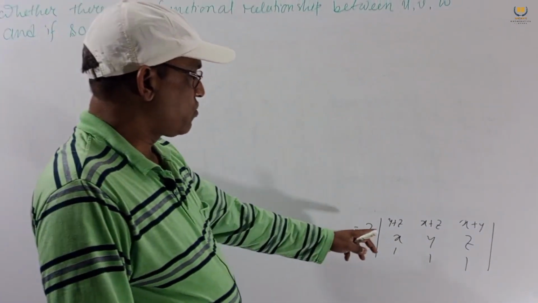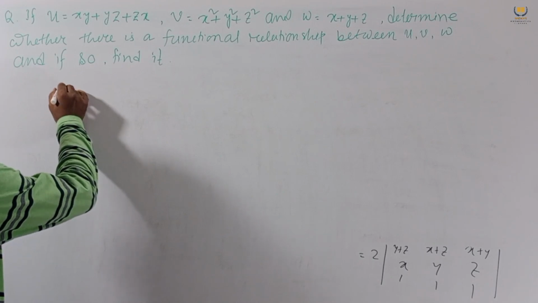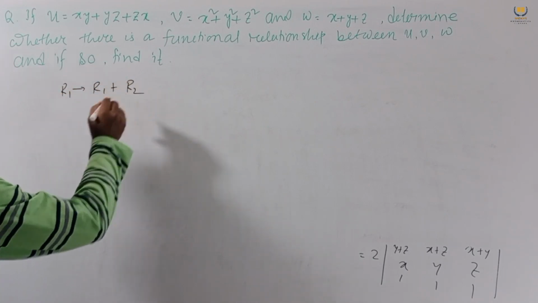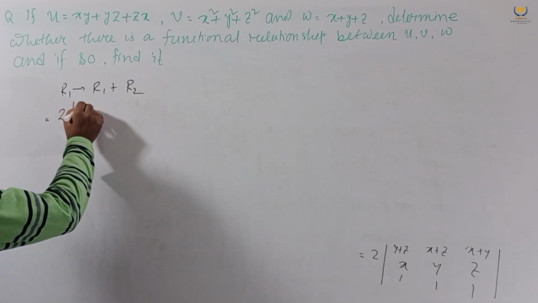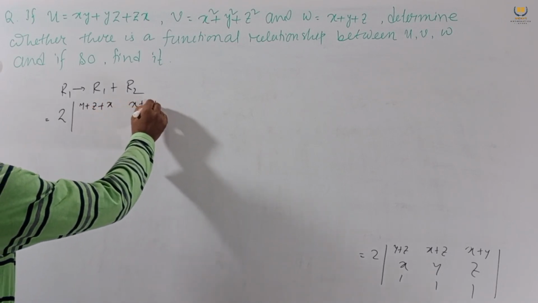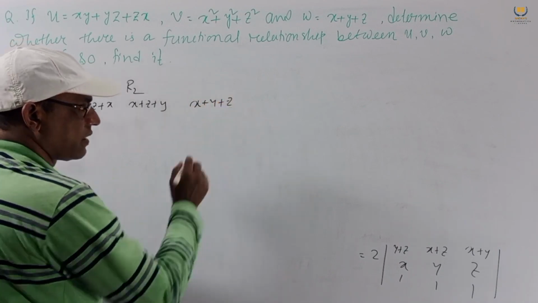Now we add these 2 rows: r1 tends to r1 plus r2. Adding, we get y plus z plus x, x plus z plus y, x plus y plus z.